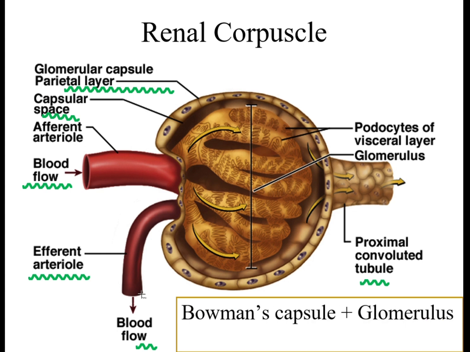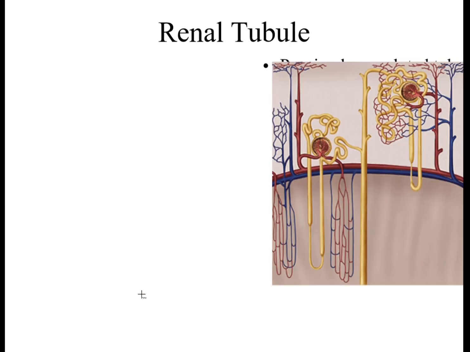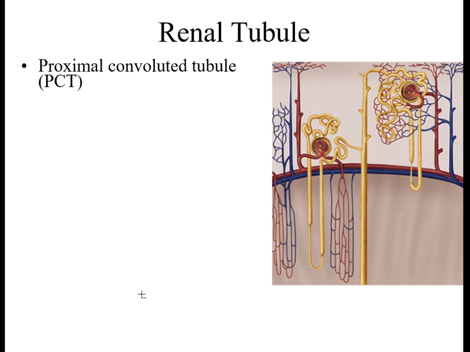Bowman's capsule plus glomerulus forms the Malpighian body. Generally Bowman's capsule and glomerulus together we call the Malpighian body. You can see here the renal tubule is the proximal convoluted tubule or PCT.